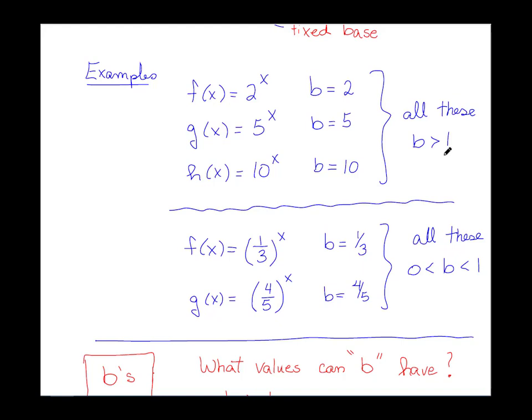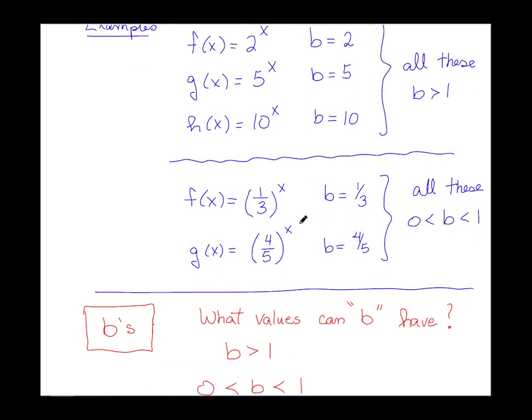We're going to see that in a few moments. And in these other two examples, I have 1/3 to the x, or 4/5 to the x. And this is if b is 1/3 or b is 4/5. And in these two examples, the b is a number that's a fraction, and that fraction is between 0 and 1.